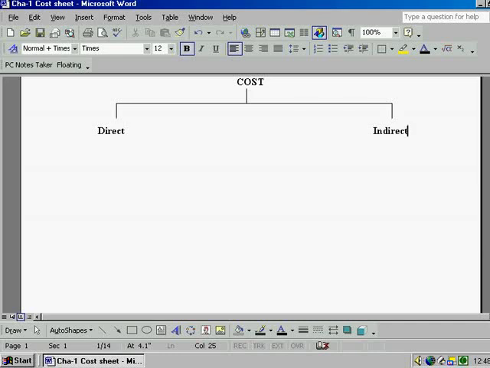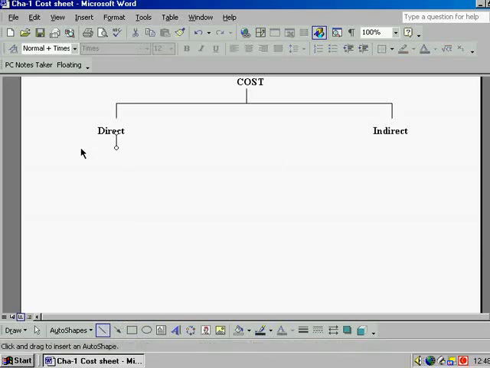So basically your direct cost is further divided into three parts: direct materials, direct wages, and direct expenses. So we have 3. Under direct cost you have 3. Direct materials, direct wages and overheads.